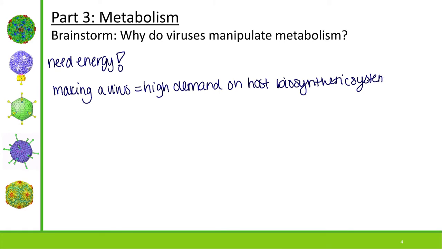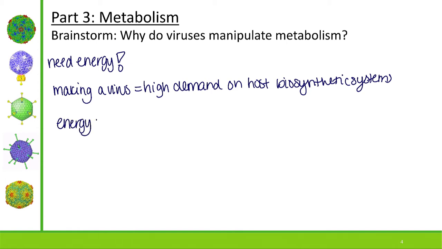So what does that mean? Well, if you think about it, our host is not usually making anywhere from 100 to 1,000 or so virions, depending on the virus. That's a lot for one host cell to make, and you need a lot of energy.